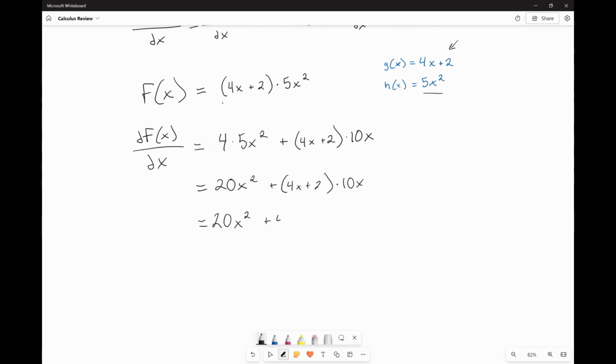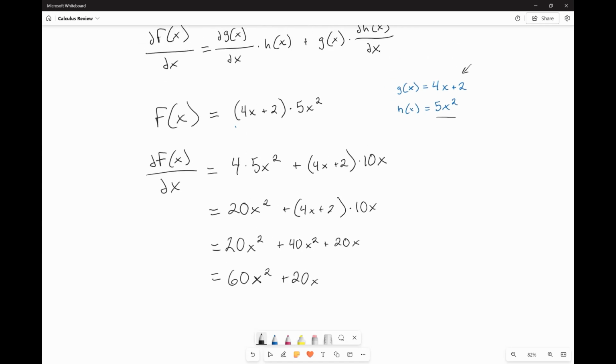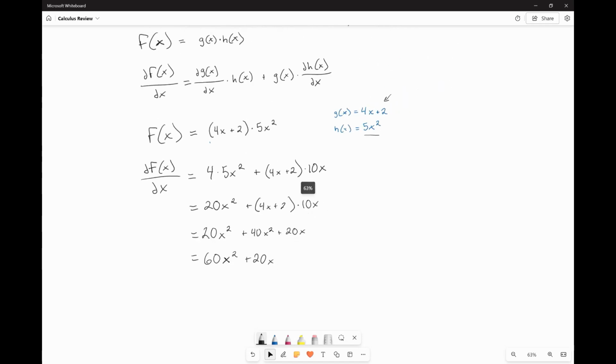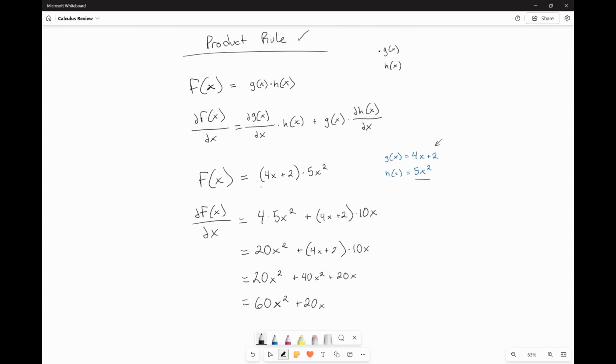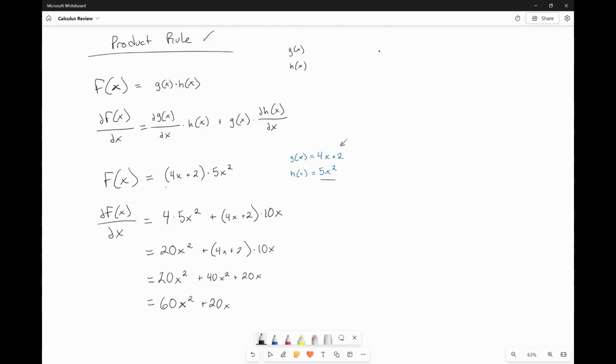So that would be 40x squared plus 20x. So this becomes 60x squared plus 20x. Okay, so there's our derivative using the product rule. All right, so let's come over here.